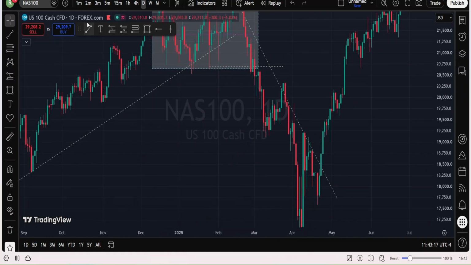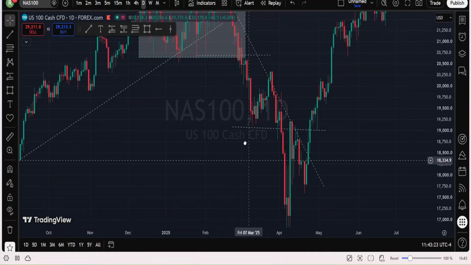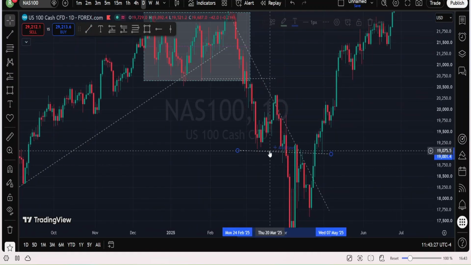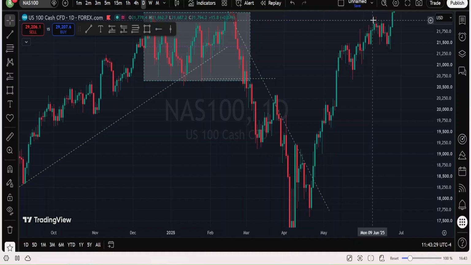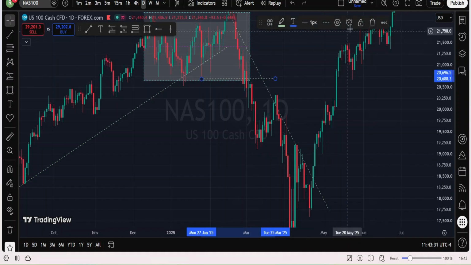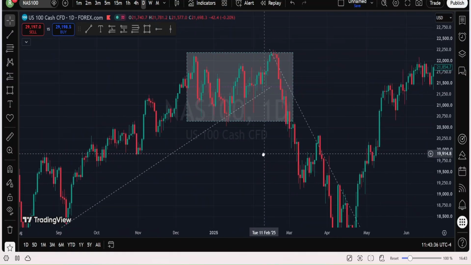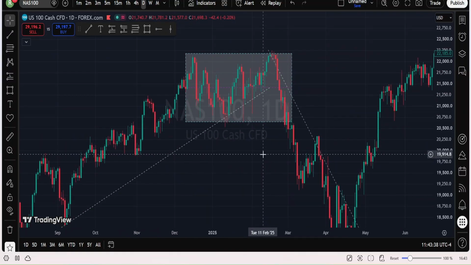We can also see that the market broke this low from here. It is also break of structure. That's where the market continues. That's why we said it can occur either in an uptrend or in a downtrend. We get break of structure.